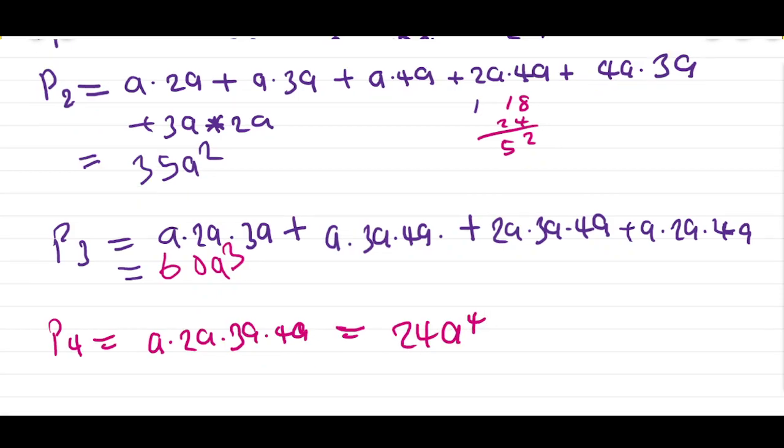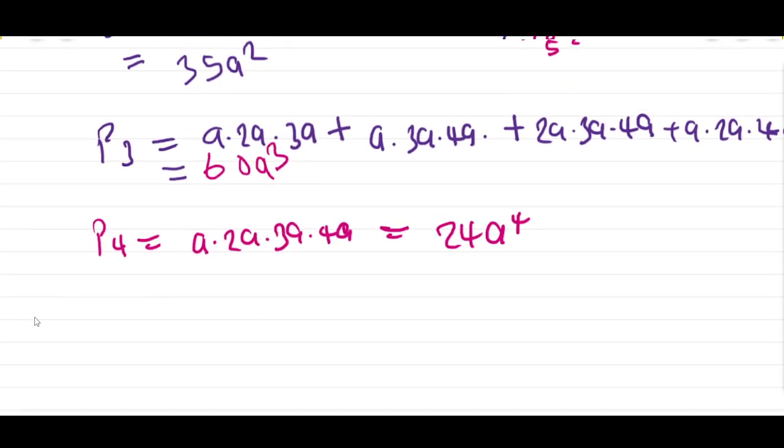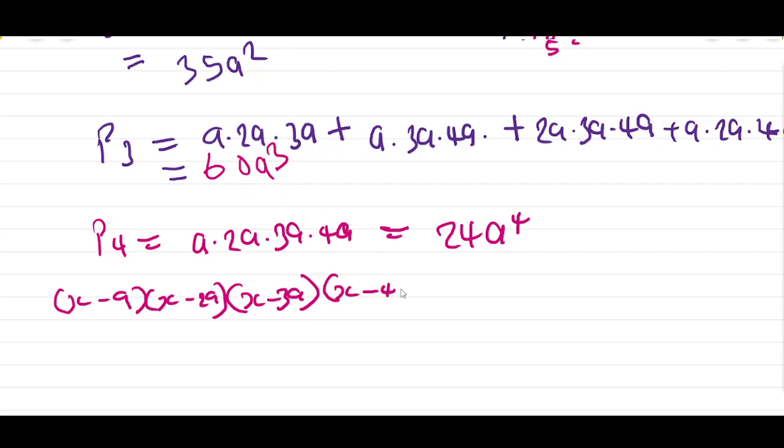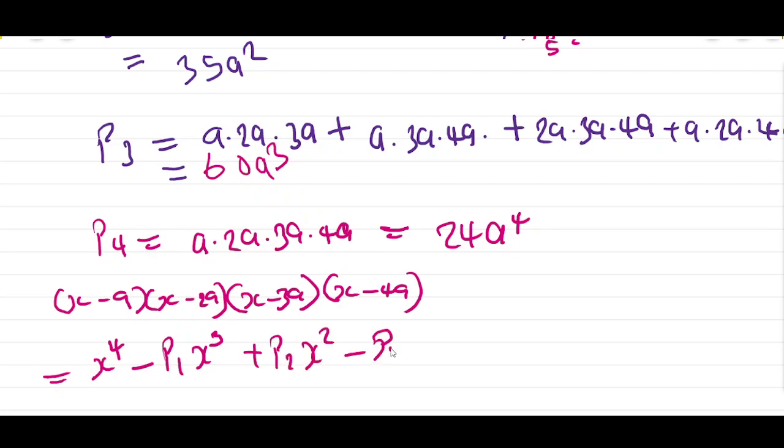So everything is x minus a, x minus 2a, x minus 3a, x minus 4a is then x to the fourth power minus p1 x to the third power plus p2 x to the second power minus p3 x plus p sub 4 in this case here now.